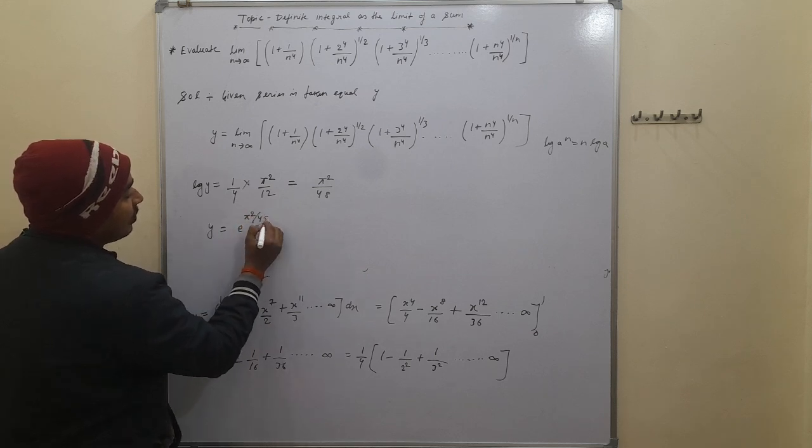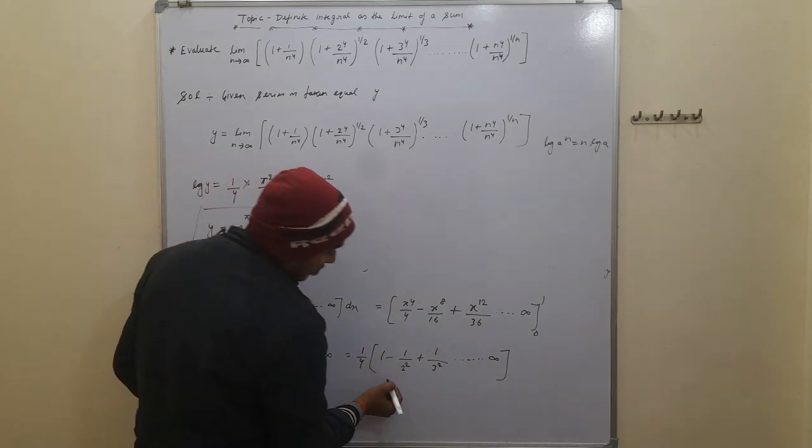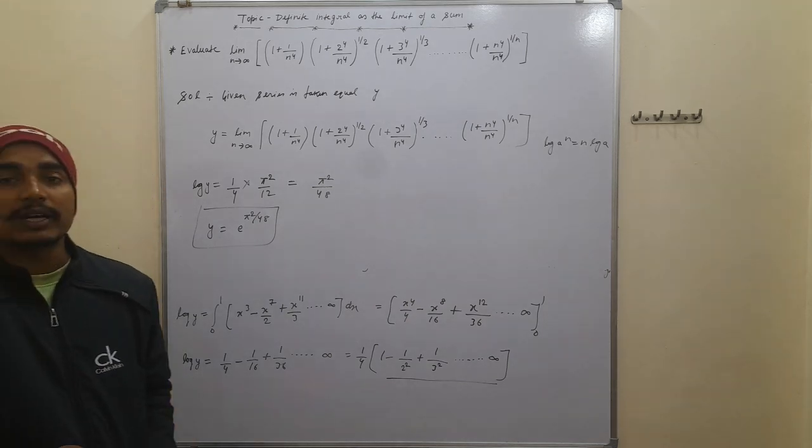This is the required solution of the given problem. And from trigonometry, the value of the given series is pi square upon 12. Thank you class, and thank you for watching.